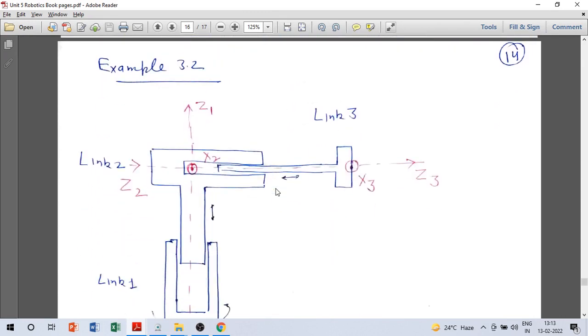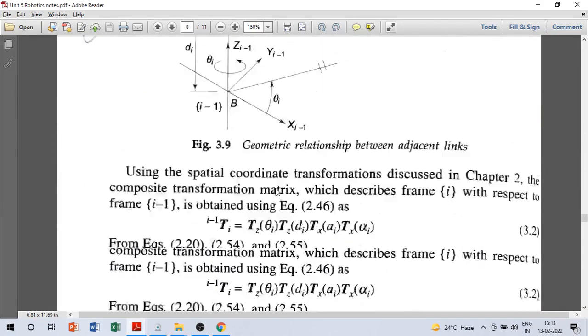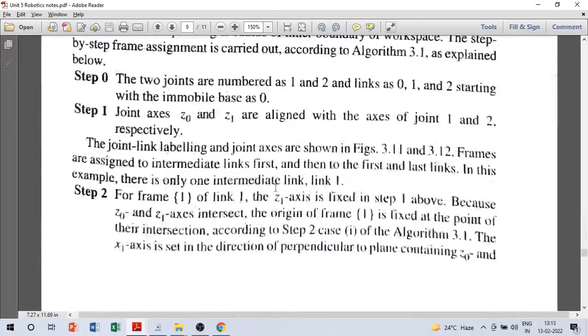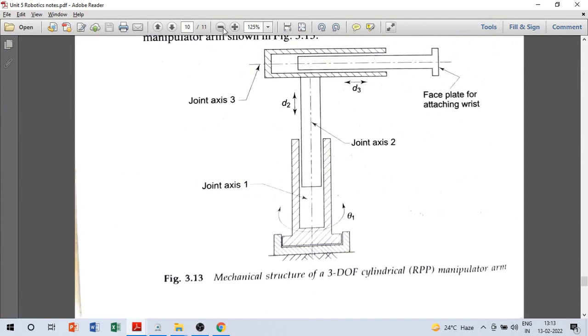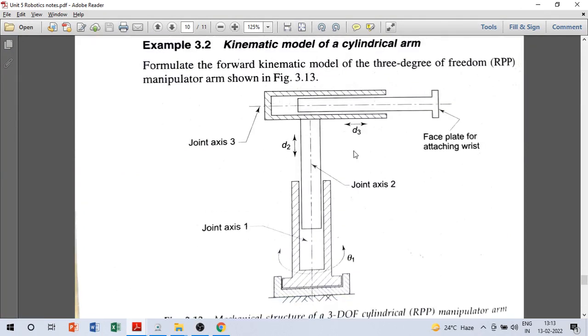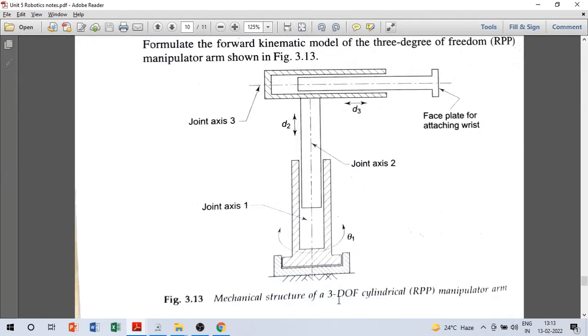We look at another example, example 3.2. Here you have a 3 degree of freedom cylindrical manipulator arm.